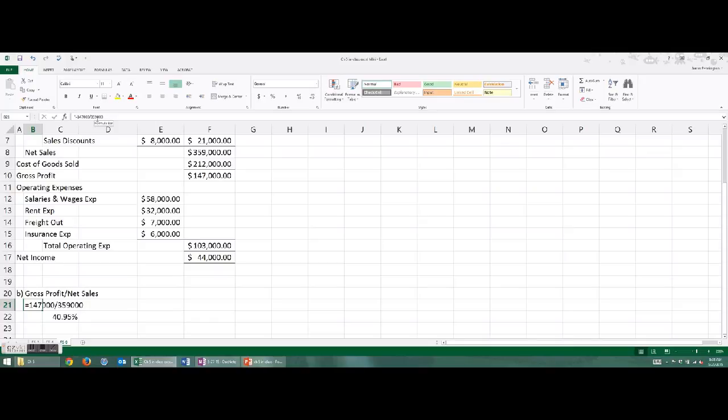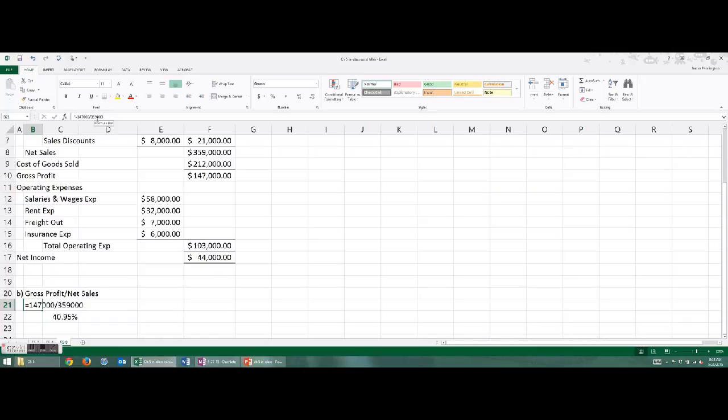So you could think about it a couple of ways. If $1 of net sales is generated, almost 41 cents of that dollar is left to cover operating expenses and provide for net income. That's one way to think about it.